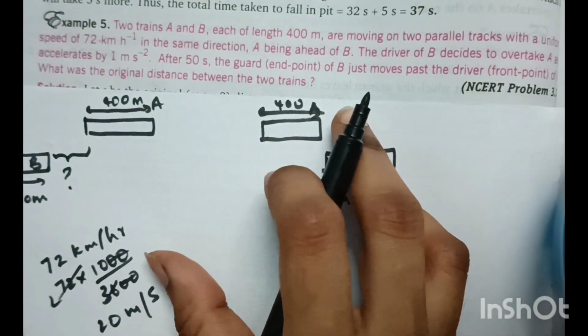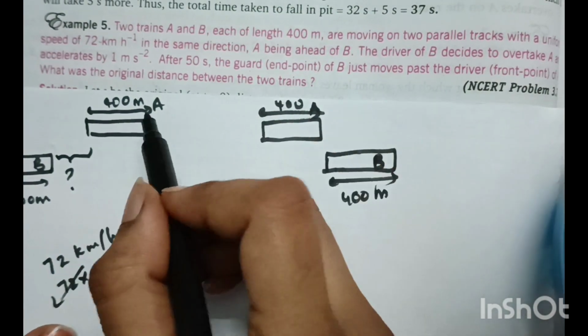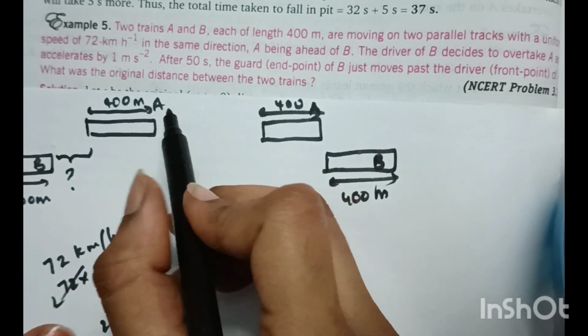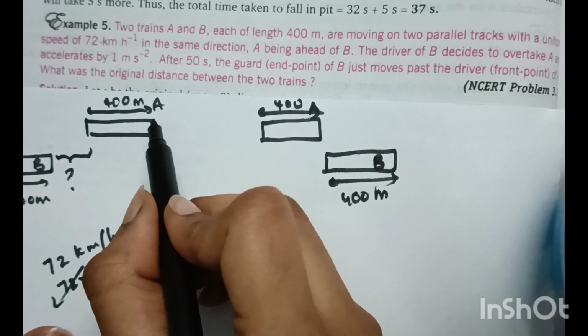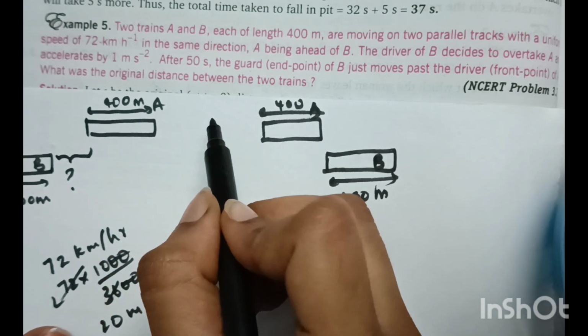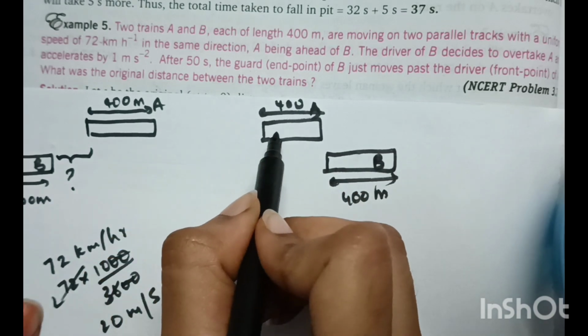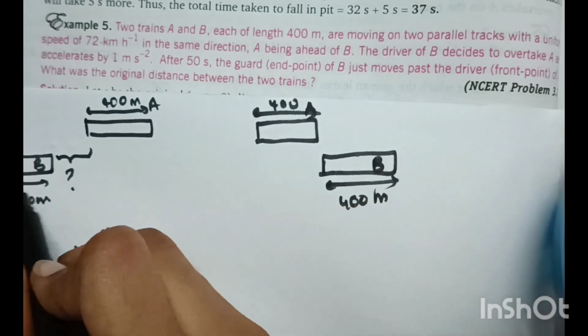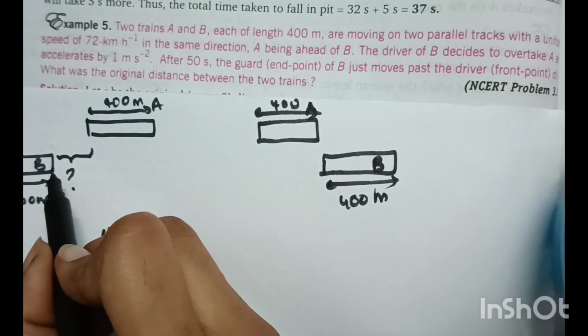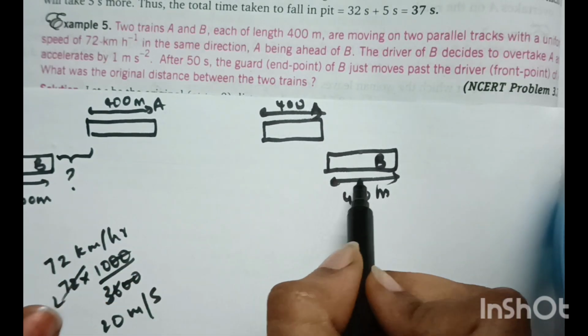Okay, let us see. This is not accelerating. It is moving at 20 meter per second, and it is covering 50 seconds. After 50 seconds, its distance is here. But this has accelerated, and after 50 seconds it comes here.